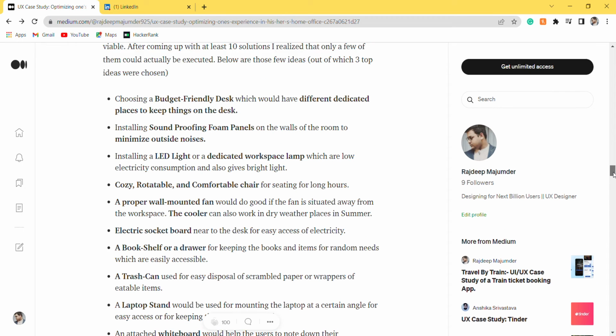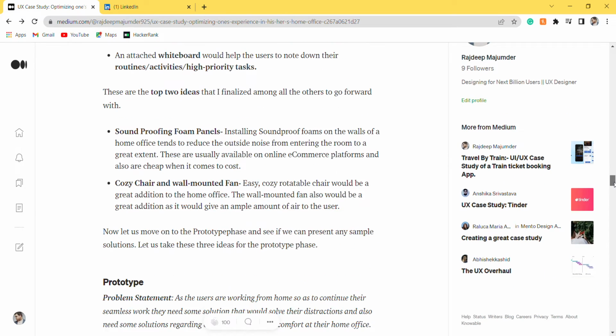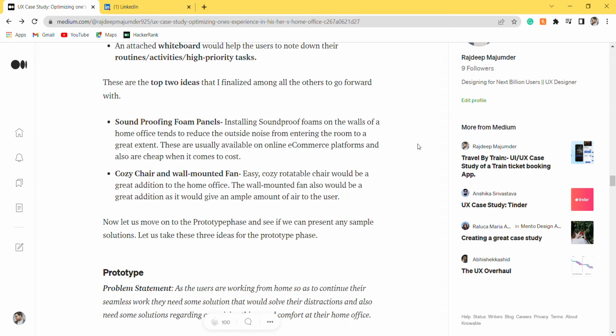From these I chose the top 2 ideas and worked on them in the forward prototype phase. Those 2 ideas were installing the soundproofing foam panels, and the cozy chair with a wall mounted fan.